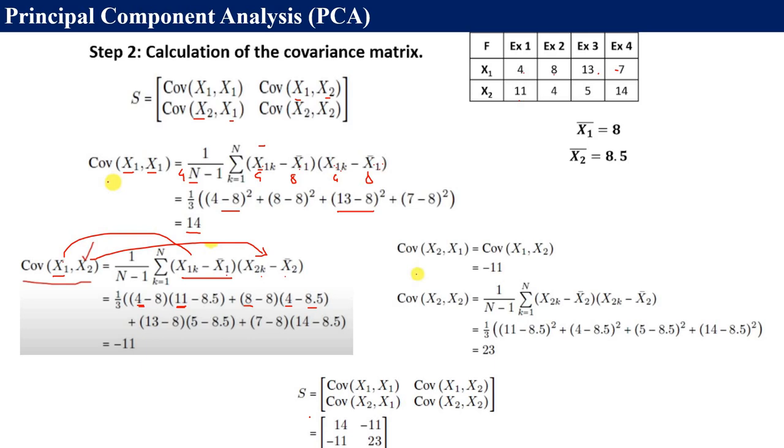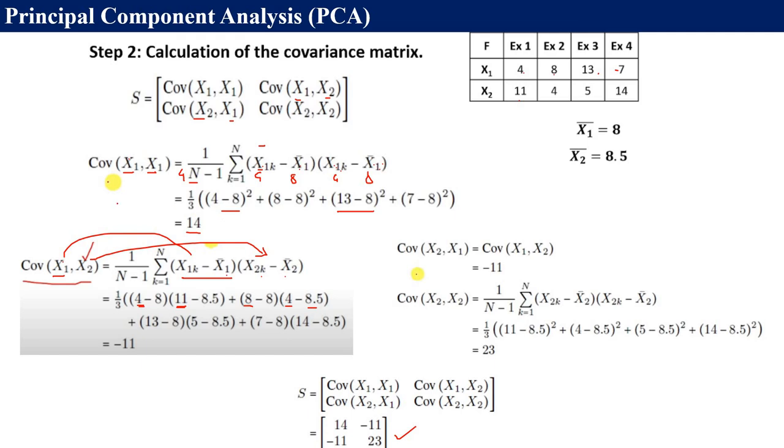The final covariance matrix comes out to be 14, minus 11, minus 11, 23. This is the final answer, and this formula you have to remember. The first value minus x1 bar; if it is x1 it is x1 bar, and if it is x2 then it is x2 bar.